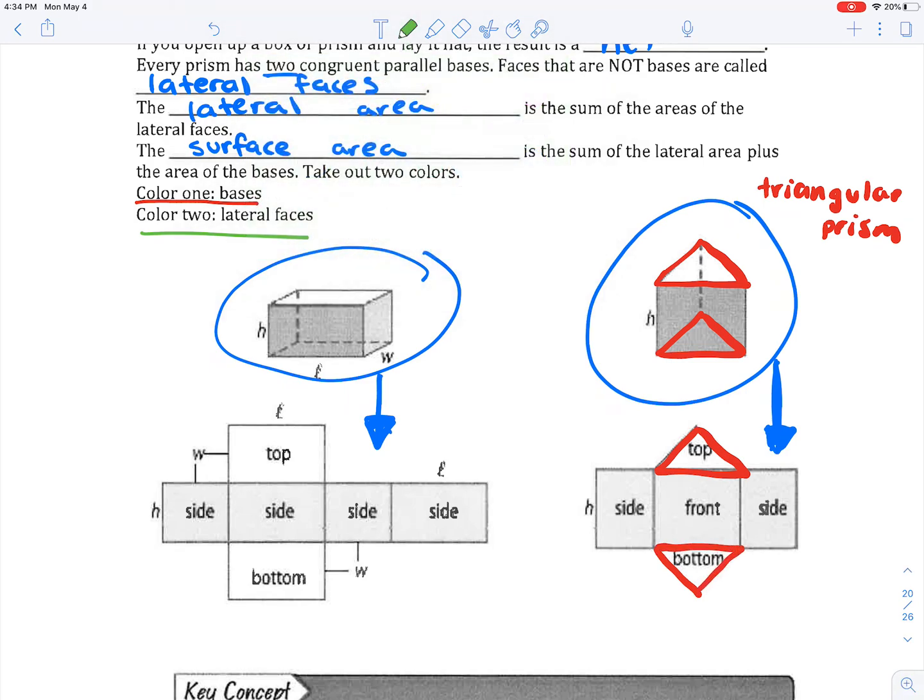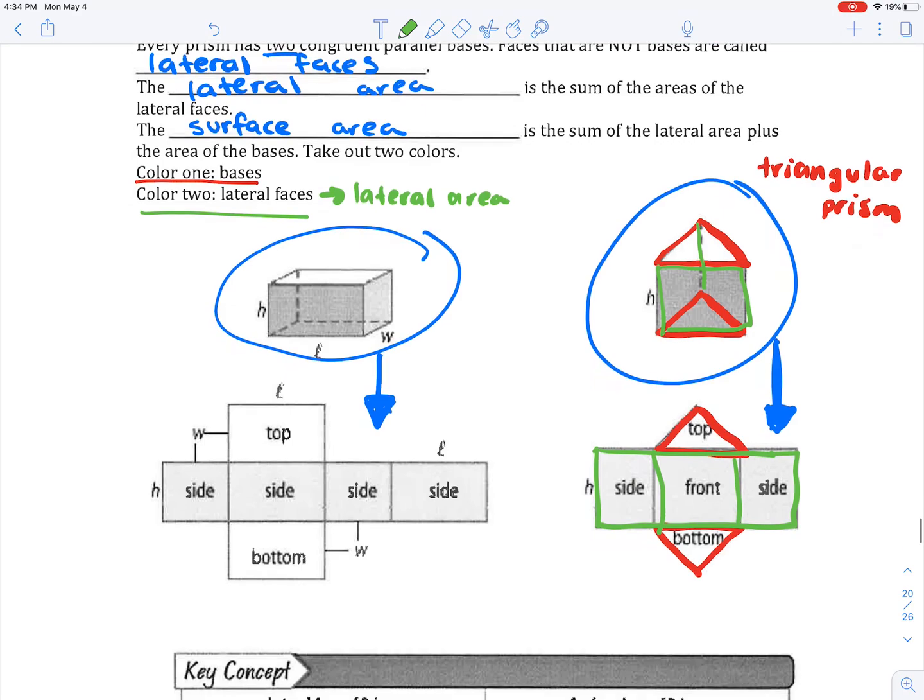That means the rectangles are my lateral faces. So my lateral area is going to be everything in green. If I were to add up everything in red and everything in green, that would be my surface area. It would be covering the entire figure.